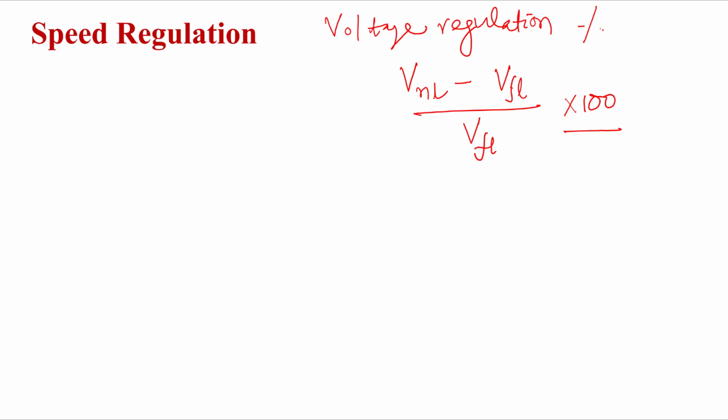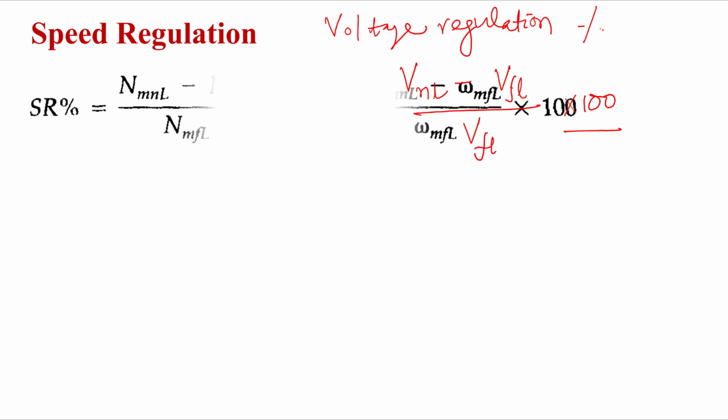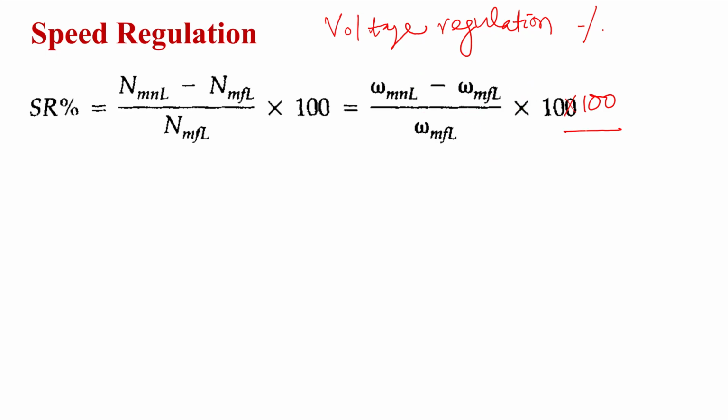And in case of a motor, it is the speed. Speed is the terminal parameter of the motor. So in case of a motor, it is the speed regulation, and in the same way, it is defined as the no load speed, that means the speed when there is no load on the motor, minus the speed when the motor is fully loaded, divided by the speed under full load, into 100.